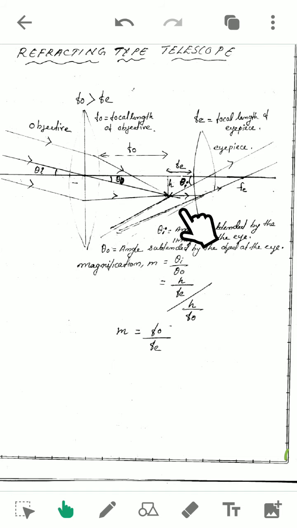Now, why do we want to go for a reflecting type telescope? What are the drawbacks of this refracting type telescope? See, for getting a clear image, the diameter of the objective should be large. If you increase the diameter of the objective lens, what happens?